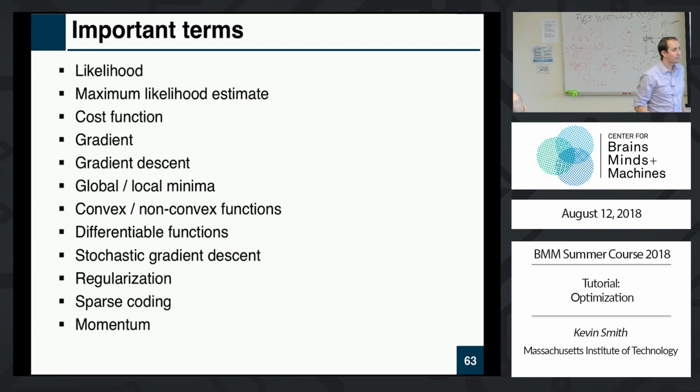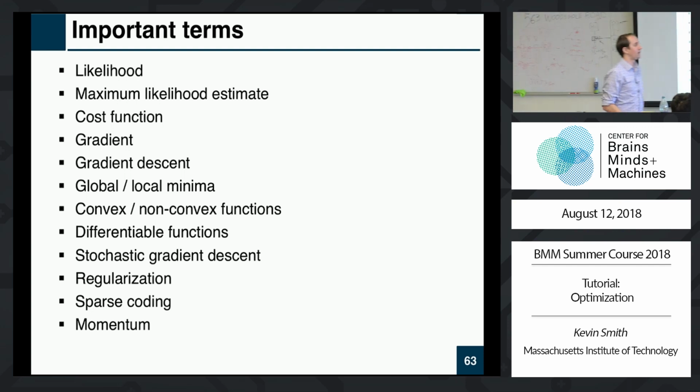Sorry? The different terms interact. So if you increase the regularization, that affects... What do you mean by different terms interact? Is the amount of regularization affecting sparse coding? Oh, if you're doing both regularization and sparse coding, my guess is yes.